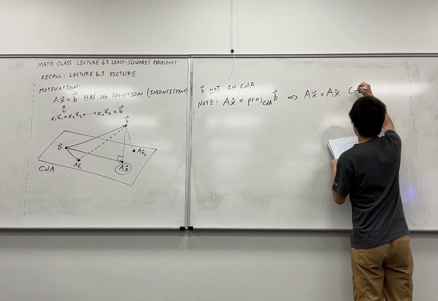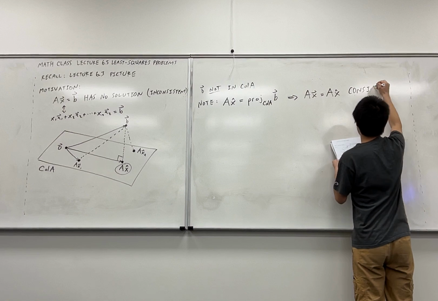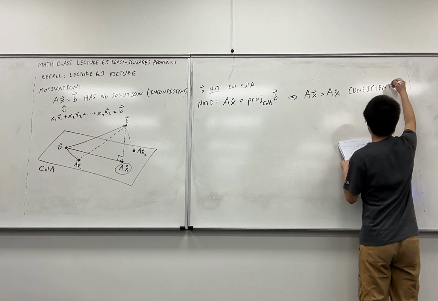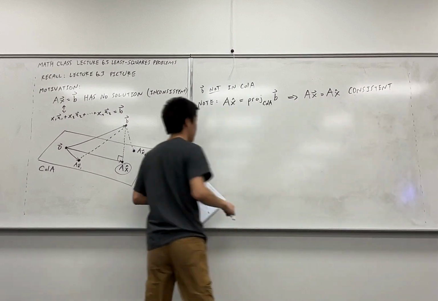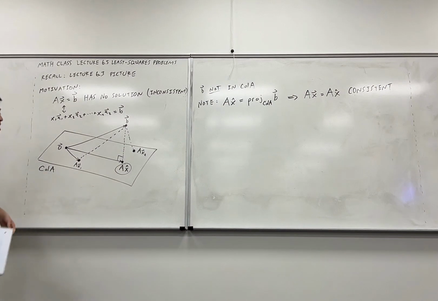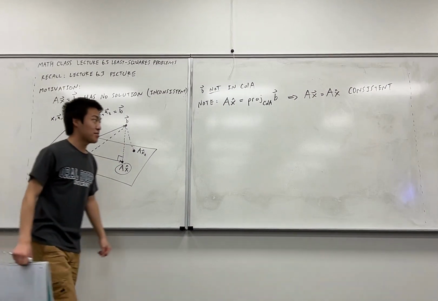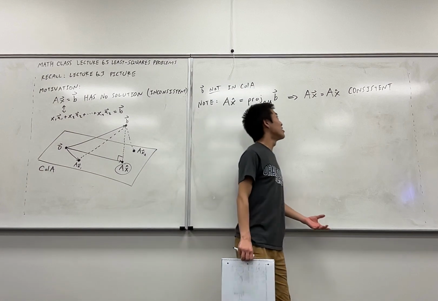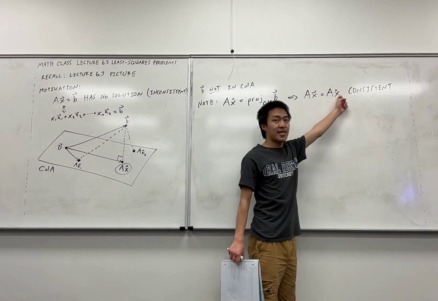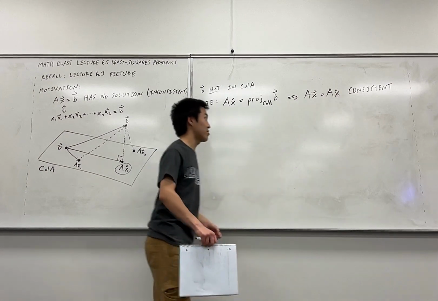This is consistent. So I can actually figure out that solution. And now obviously you're looking at that and you're thinking, well, then just use the x hat as your solution. And that is correct.